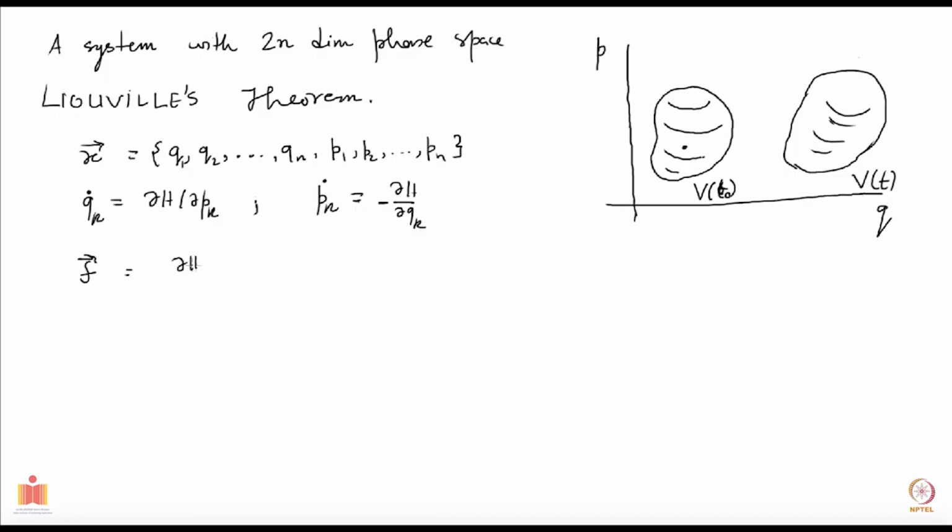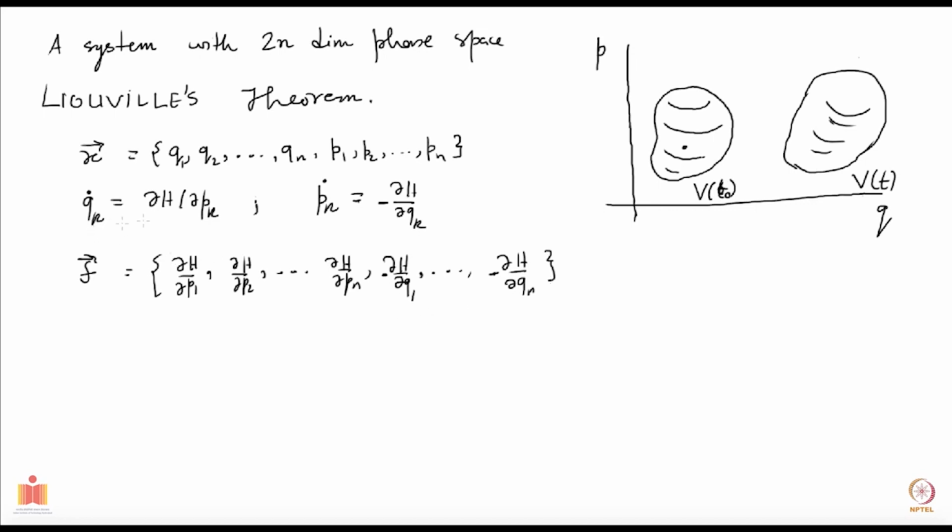Delta h over delta p1, delta h over delta p2, and so on up to delta h over delta pn, then you have delta h over delta q1 with a minus sign. So what I'm doing is just listing these right hand side parts along this. And you go further to delta h over delta qn, again with a minus sign. This entire set of quantities I denote by vector f.